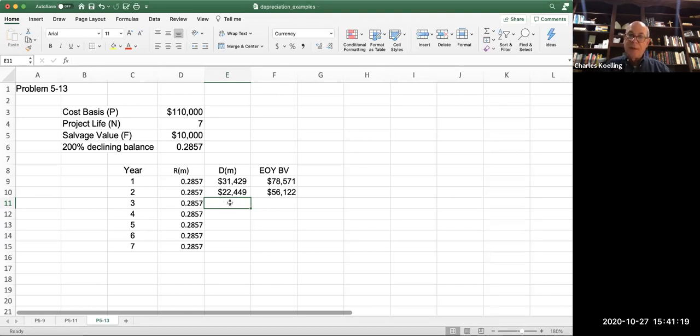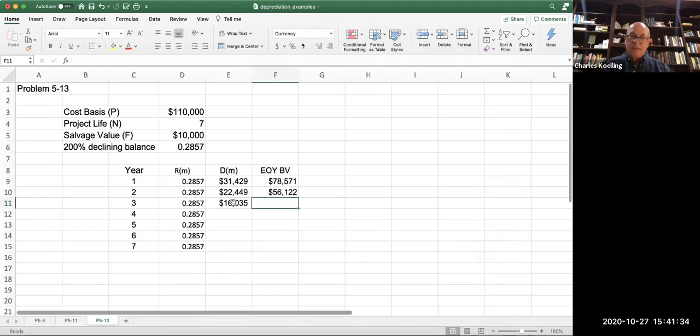Again, the depreciation amount will be equal to the depreciation rate times the current book value, which is the book value at the end of year 2, $56,122. That's a depreciation amount of $16,035. And our new book value then is the book value at the end of year 2 minus the depreciation amount in year 3, and that gives us an end of year book value of $40,087.